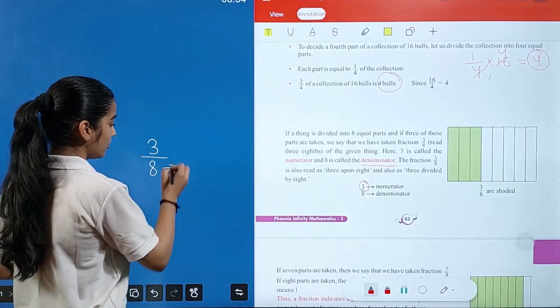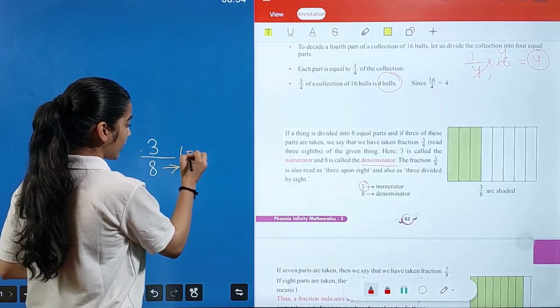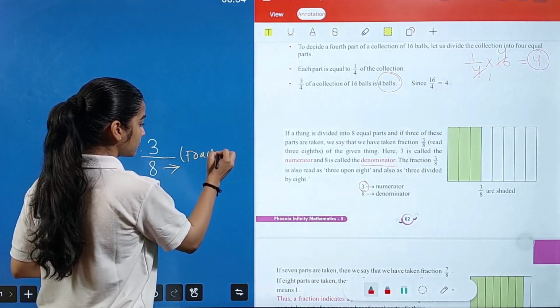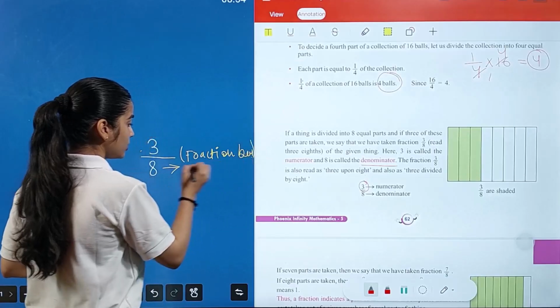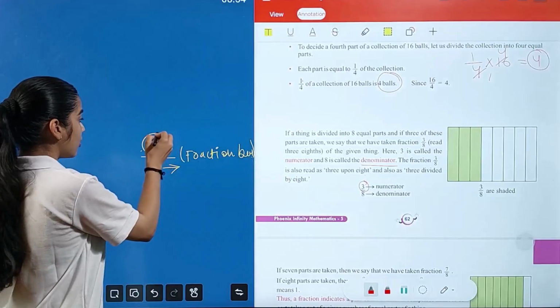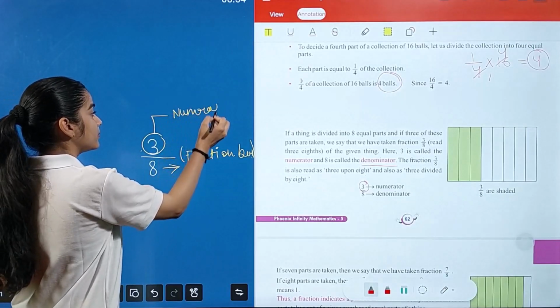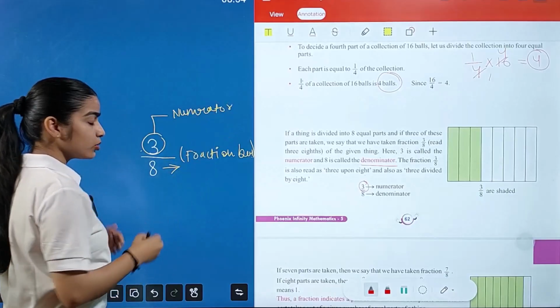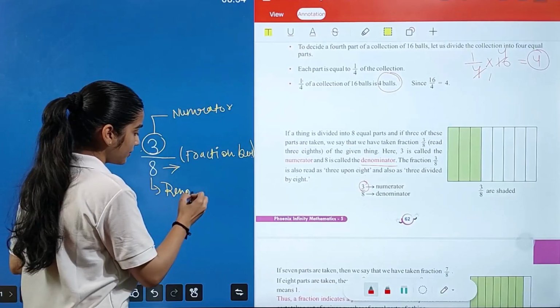This is your fraction bar. The number above the fraction bar is called your numerator, and the number below the fraction bar is called your denominator.